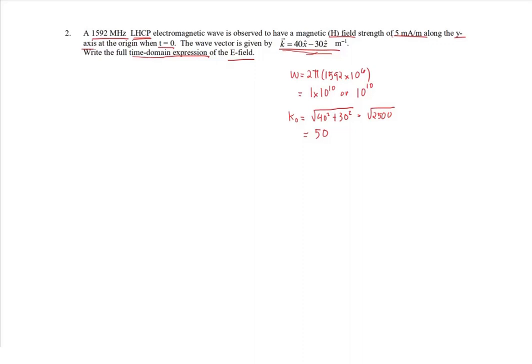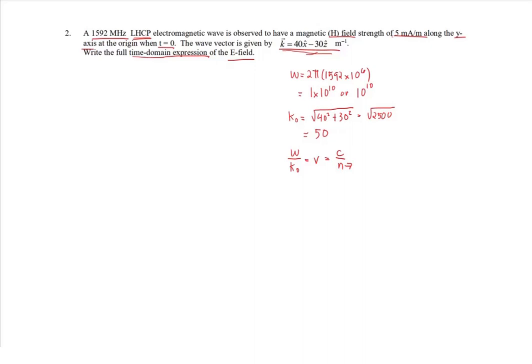So now that we have our k naught and omega, we could calculate our n. We're not sure yet if this wave is traveling in air, so it'd be good practice to check. So we have omega over k naught equals nu, which is equal to c over n. So we're trying to check if our n is just 1 or something else.